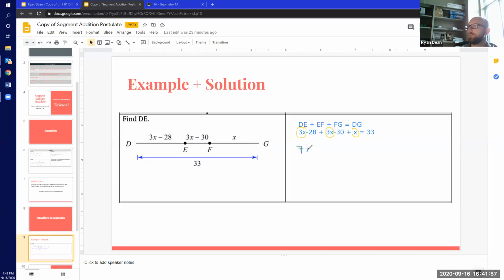Okay, and then the other thing that I'm going to combine together is this 28, and it's a negative 28. It has a negative sign in front of it, and this negative 30. So negative 28 plus negative 30 ends up giving me negative 58.